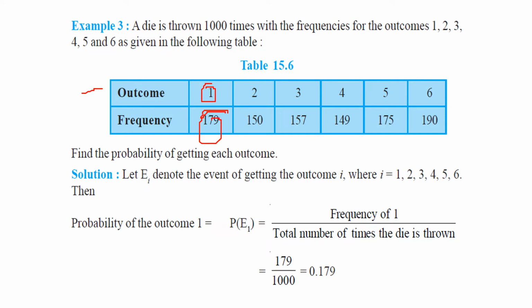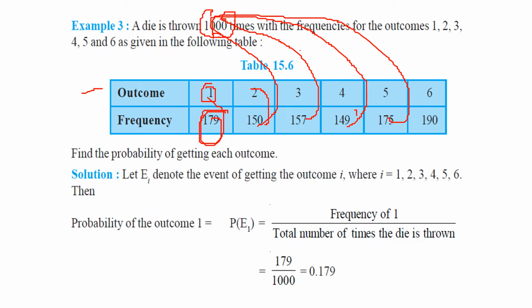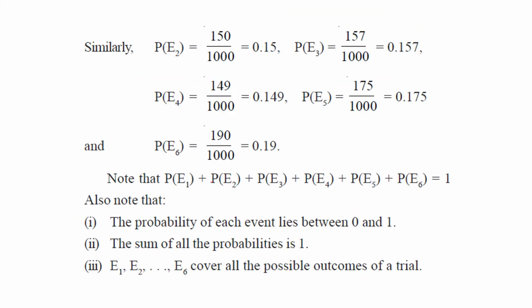So 179 divided by 1000. Similarly, for the second one, getting 2 is 150 by 1000, getting 3 is 157 by 1000, 149 by 1000 for 4, 175 by 1000 for 5, 194 by 1000 for 6. So this is all you get. P6 is 190 by 1000. Just add all of these, you get 1.